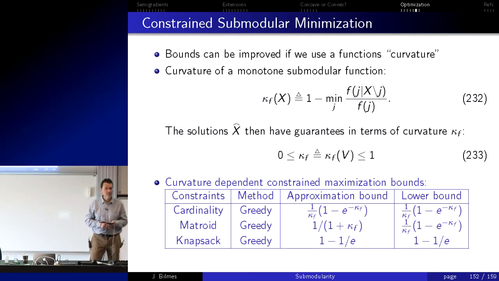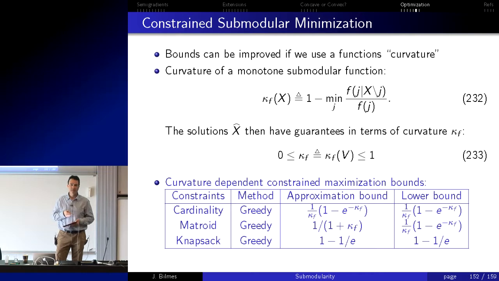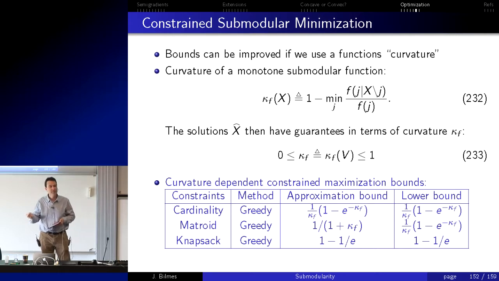And suddenly, as soon as you start using curvature, which is a function-specific thing, if you partition the set of submodular functions into equivalence classes, and within each equivalence class you have constant curvature, then the bounds suddenly become curvature dependent. Sometimes you'll run the greedy algorithm and find you're doing much better than 1 minus 1 over e. Why is that? Maybe it's because your submodular function is not so curved.